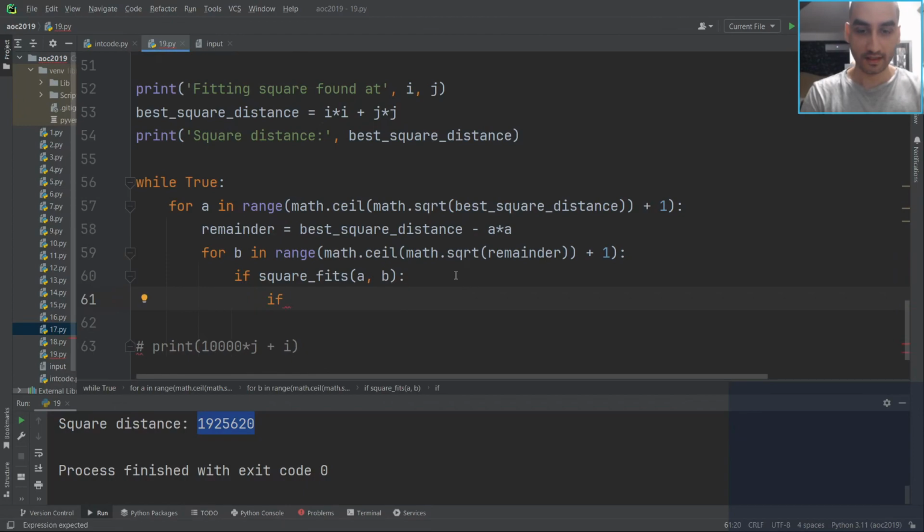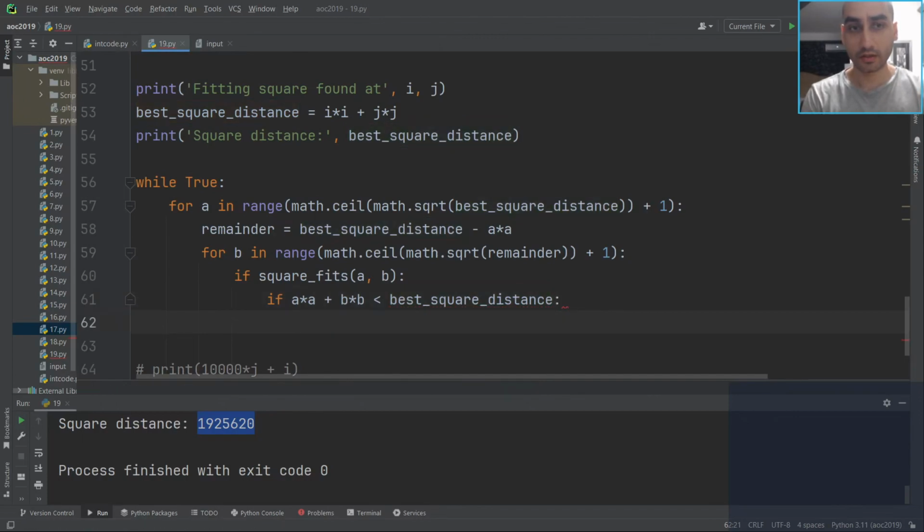And if it's a better fit, a times a plus b times b is less than the square distance, we've now found a new best, so we update the values of i, j.